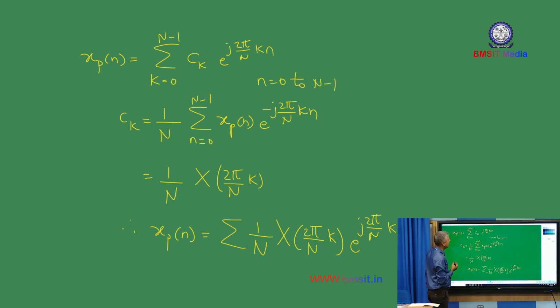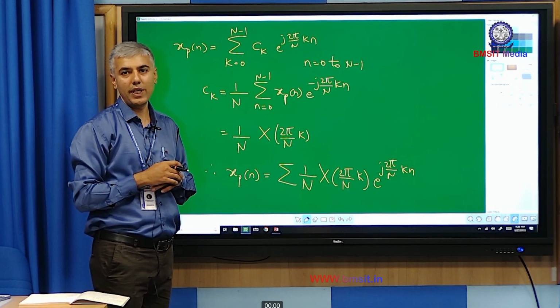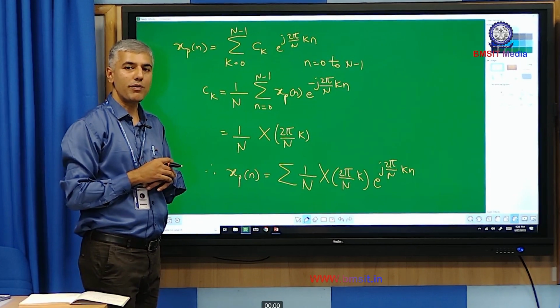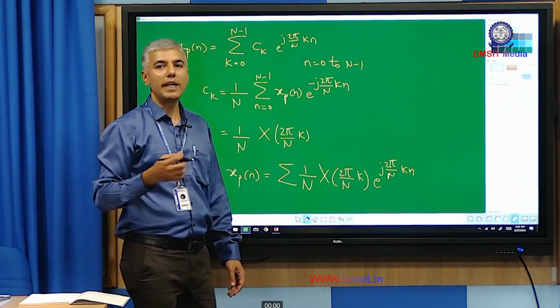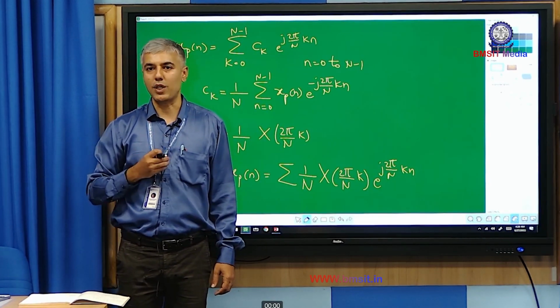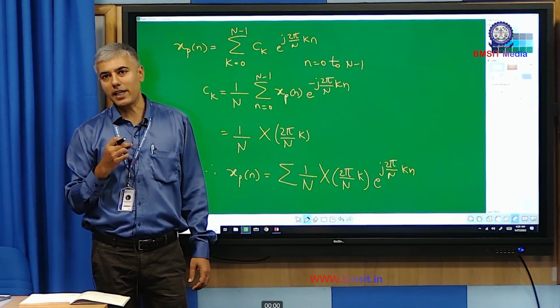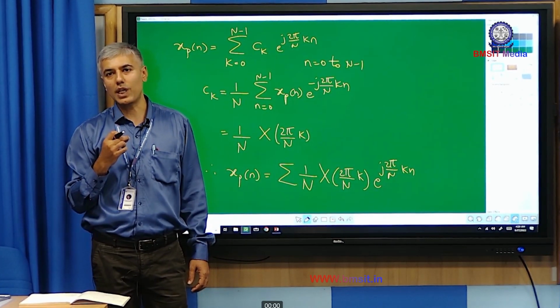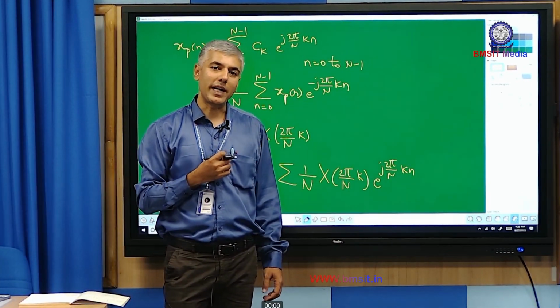You can observe the ck. These ck's are all the Fourier coefficients. So the first expression on your screen now is the synthesis equation. Using the Fourier coefficients, that is ck's, and e raised to j 2 pi by N kn, you will be able to obtain xp of n.